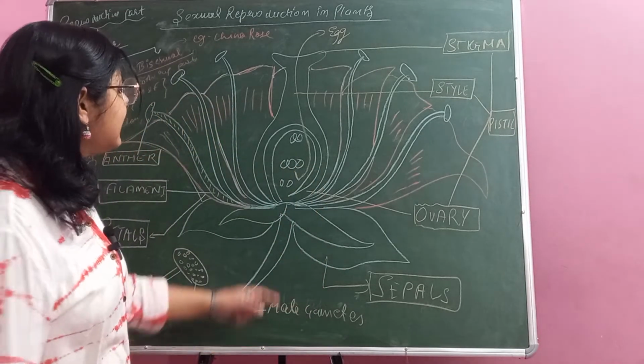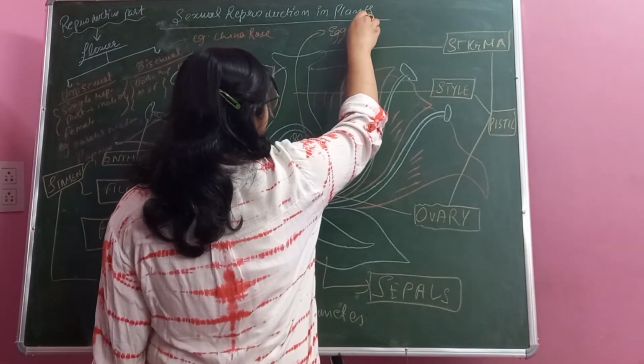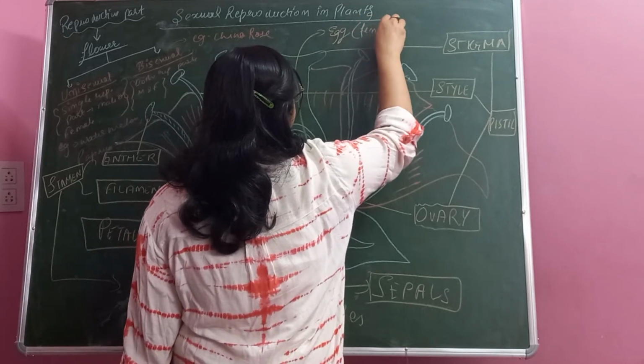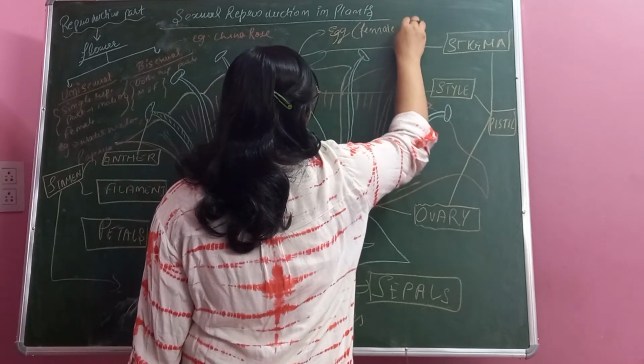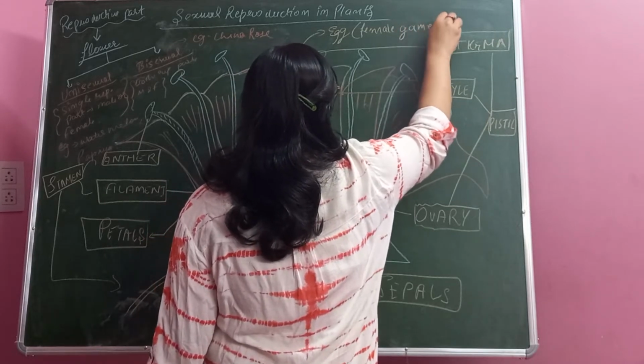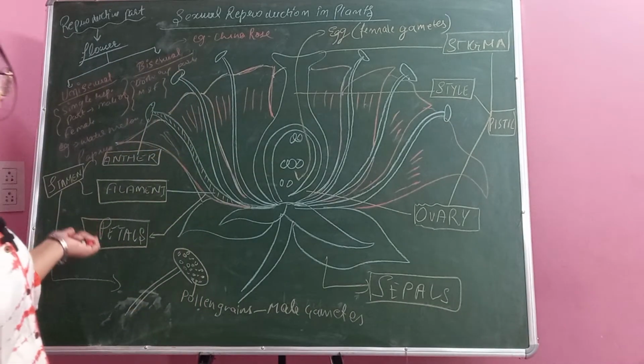So these are the eggs, and eggs are the female gametes. Eggs are what? The female gametes.